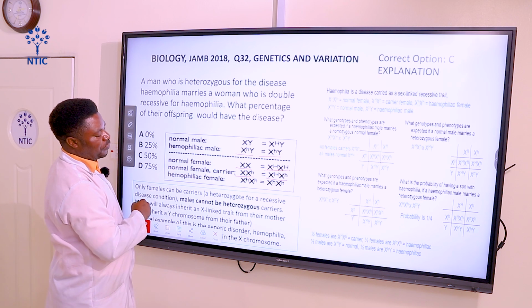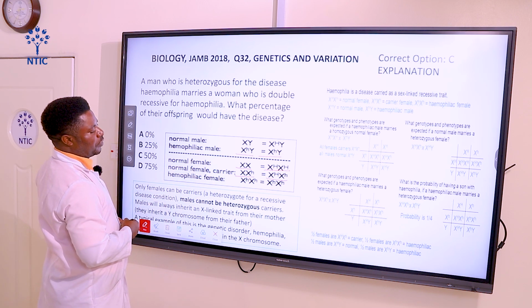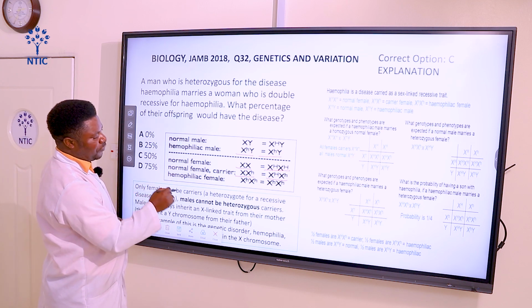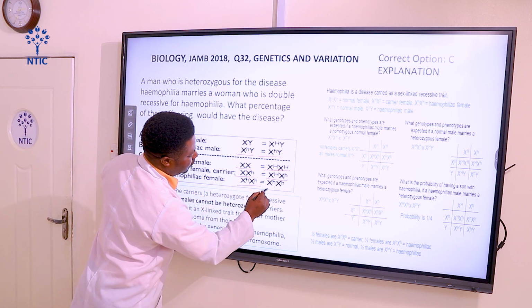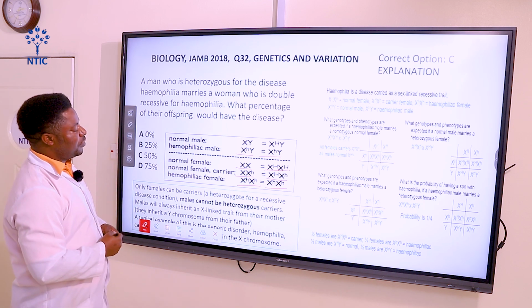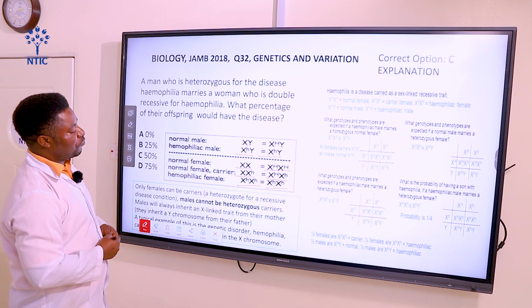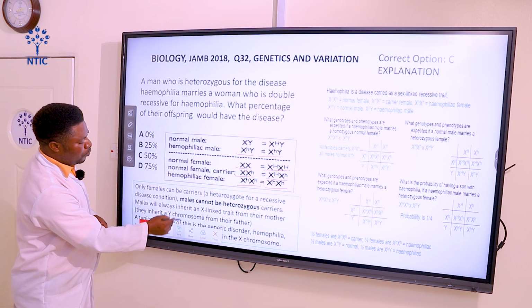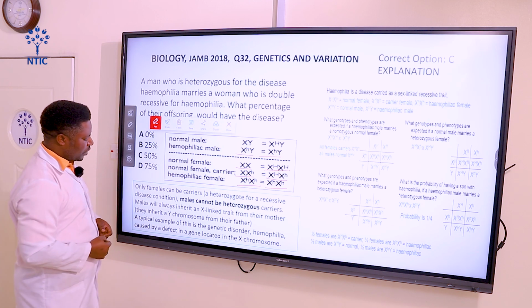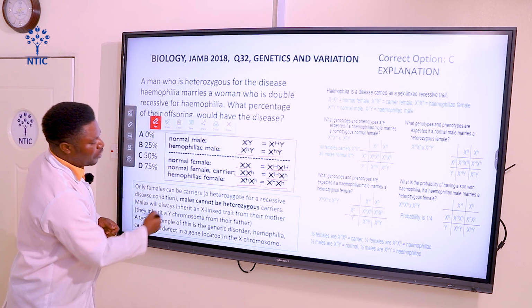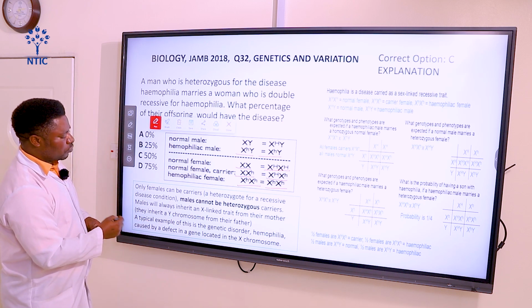That is for a normal female or a carrier female who is also heterozygous. Then, a hemophiliac female is represented as this. She must be double recessive for a female to be infected by the disease. Okay, now let's see how we can solve this. We said only females can be carriers, a heterozygote for a recessive disease condition.